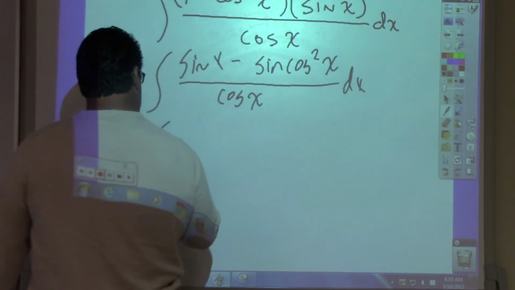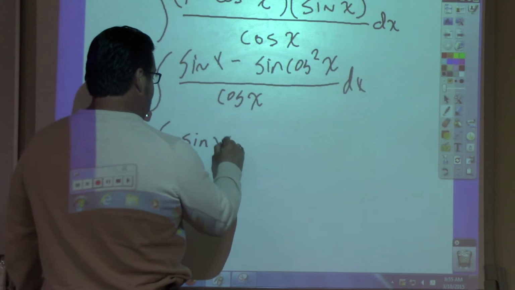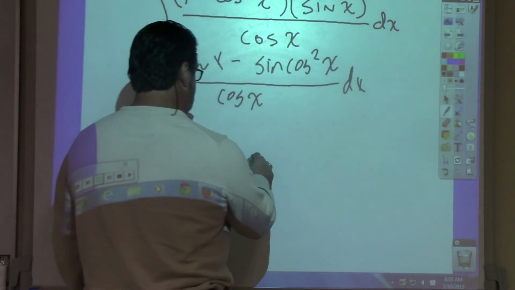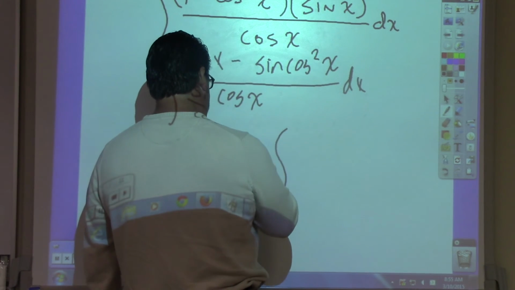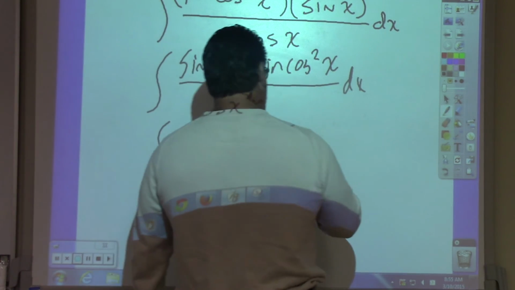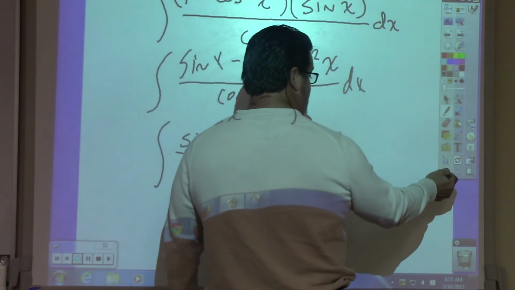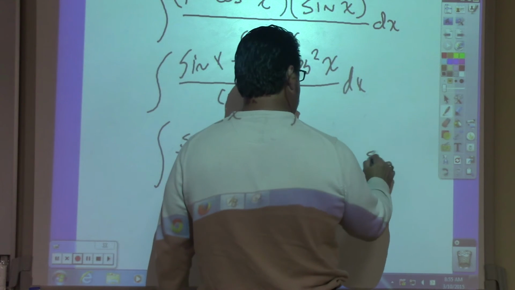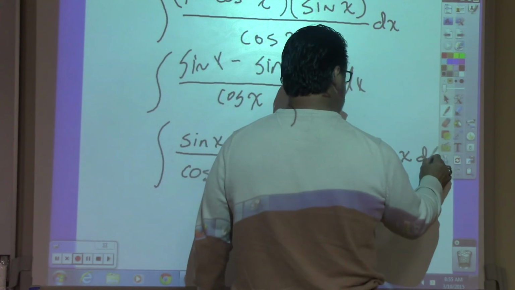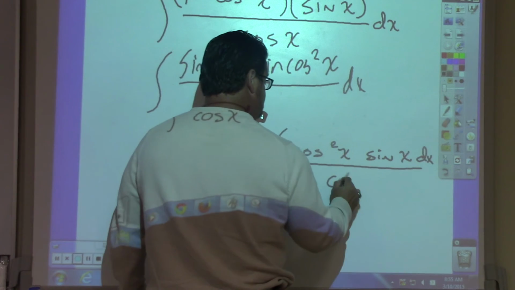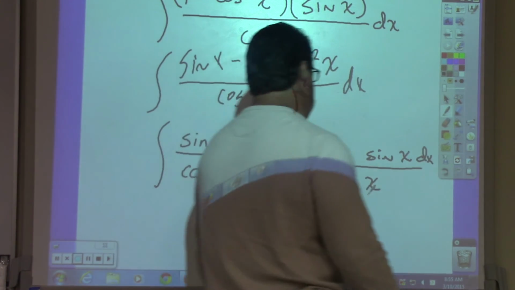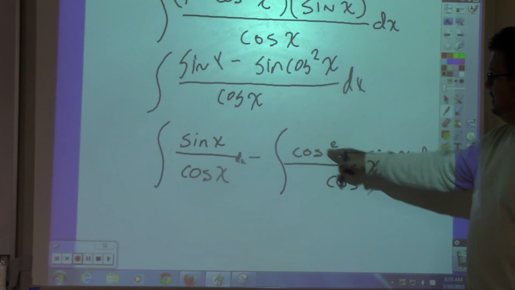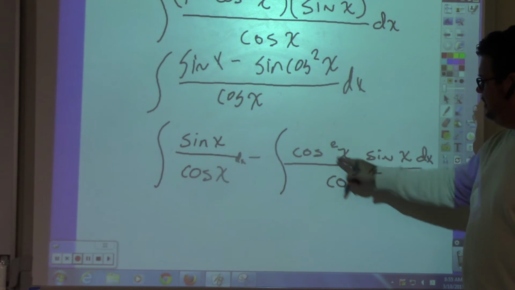And that's going to give you the antiderivative of sine of x over cosine of x dx, minus the antiderivative of cosine squared of x times sine of x dx over cosine of x. And you can take these two, and what can you do here?